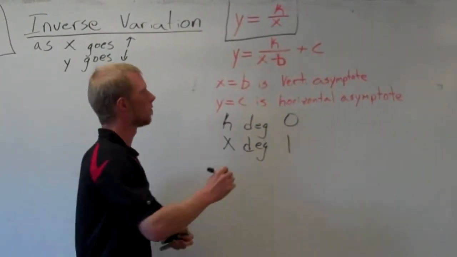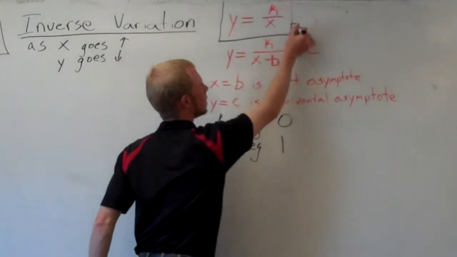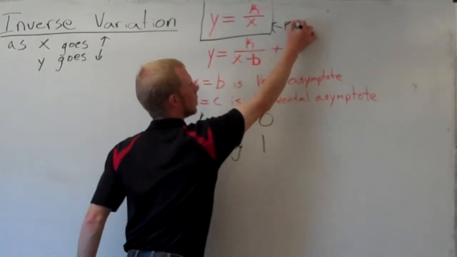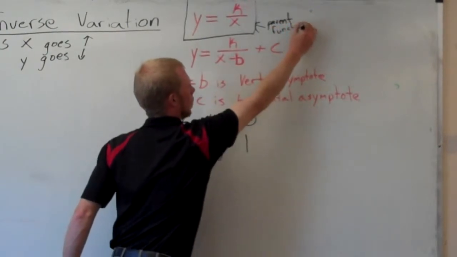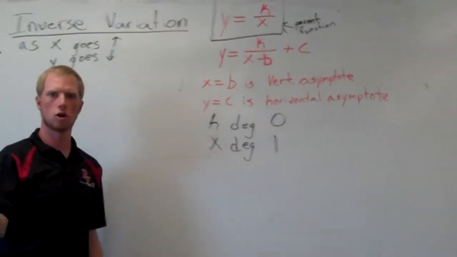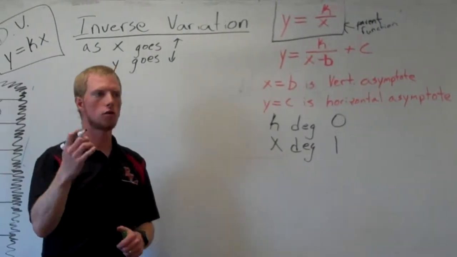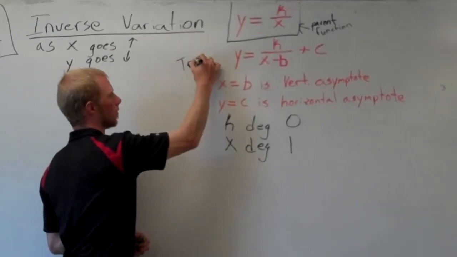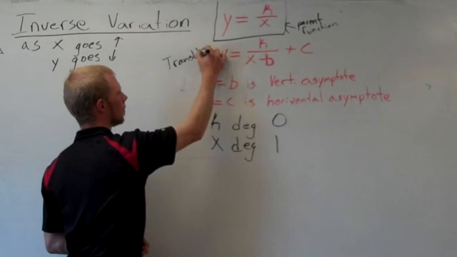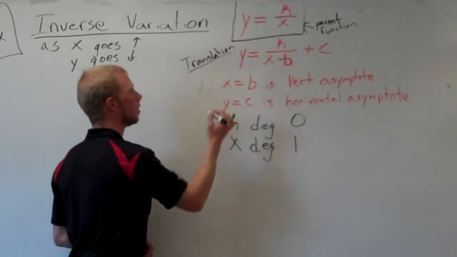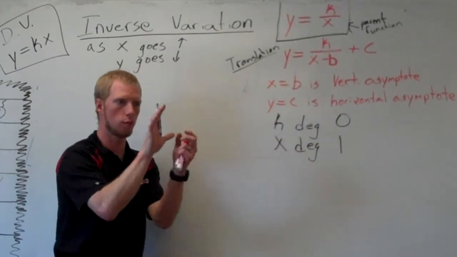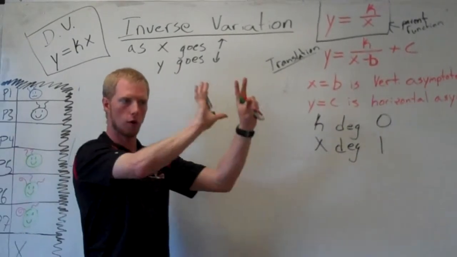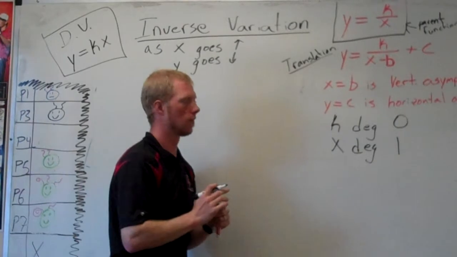Remember, a parent function, which this is, always gives us our shape. A translation will move our shape. It'll take that shape and slide it up, around, down, and over.